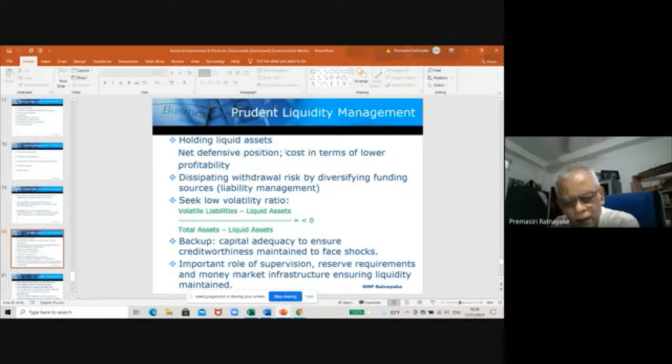So likewise, diversifying the funding sources will enable us to dissipate or mitigate withdrawal risk.